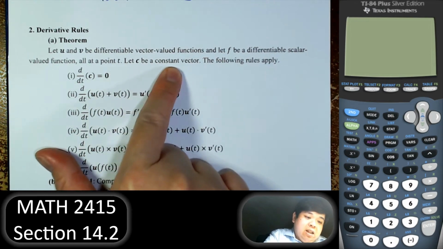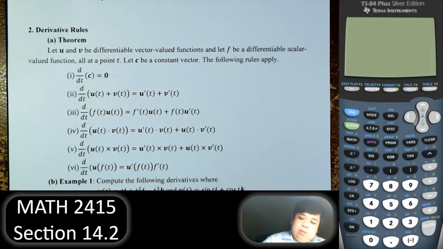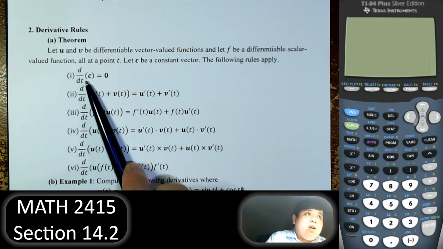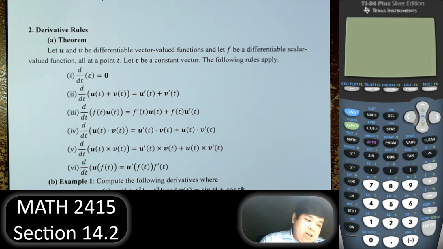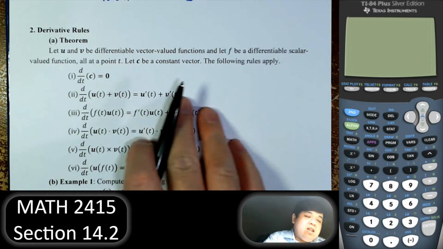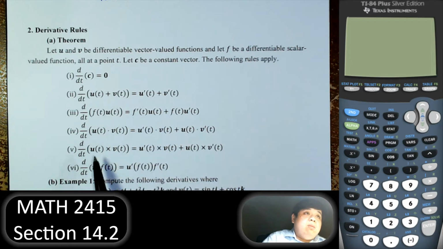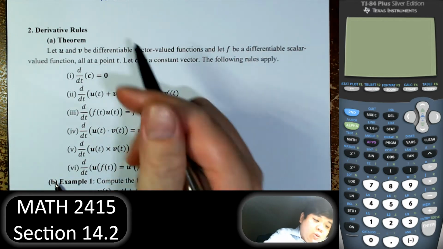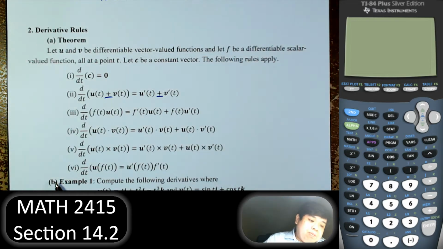And c is a constant vector, that's why it is boldface. First, the derivative of a constant is equal to 0. The next one is that the derivative of the sum is the sum of the derivatives. Subtraction still applies too.